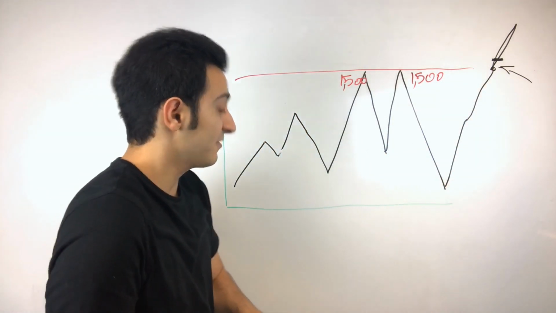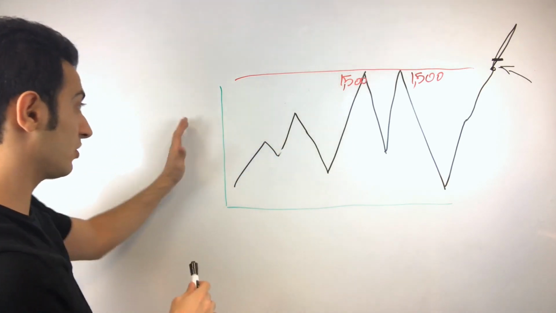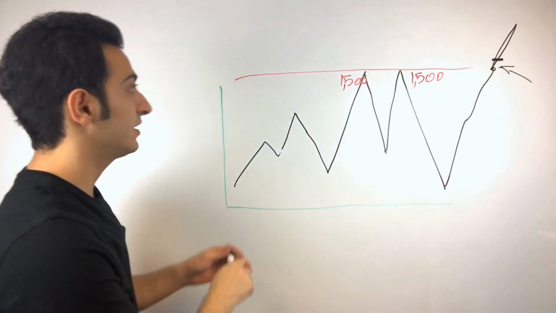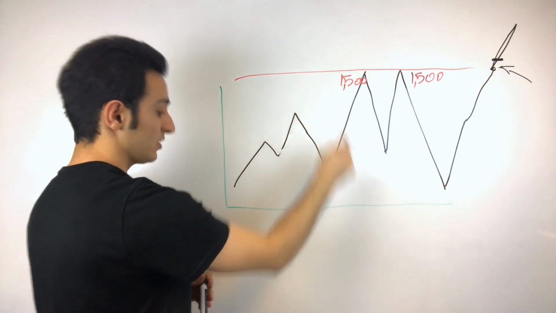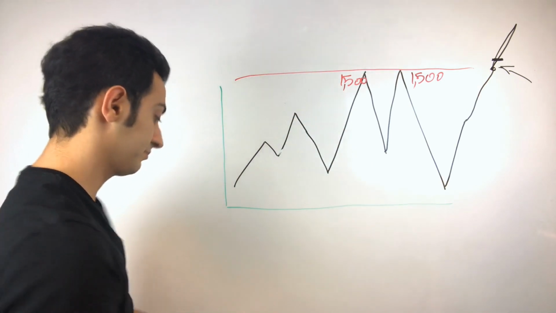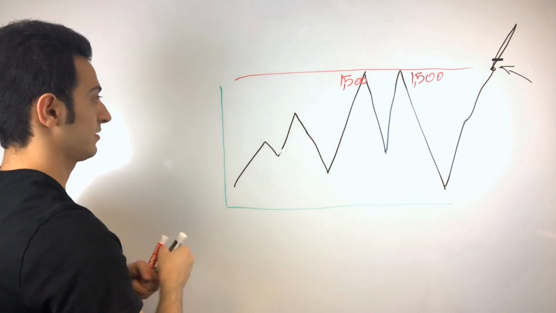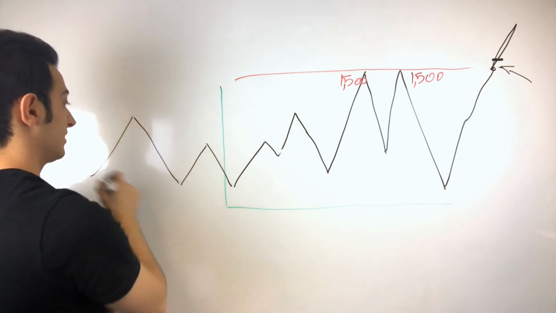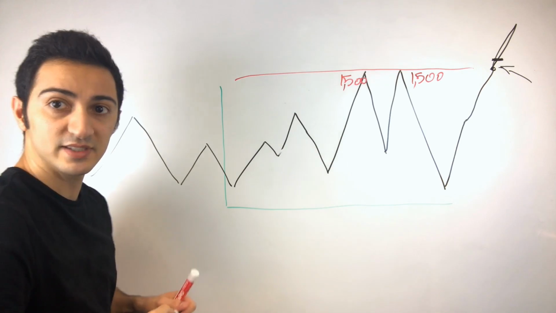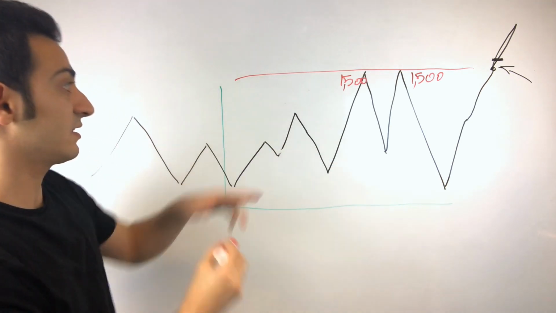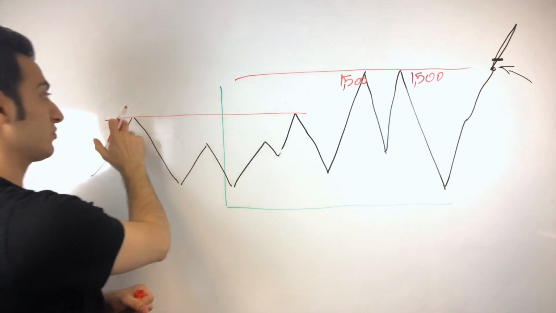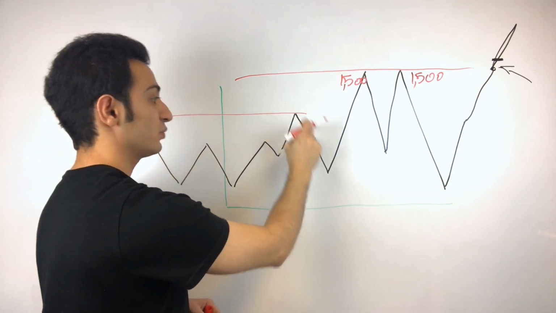For example, if I could draw this further back and show you the history of this chart, this could be a resistance line. Let's actually draw this. Maybe like this. If I take this back, you see that maybe this was a resistance line. What happened was that the price hit the resistance line here and went down.